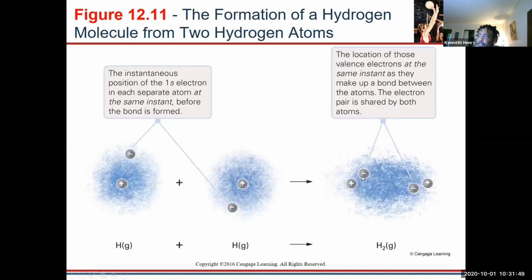When it comes together, there's this electron cloud, meaning the electrons are orbiting around both hydrogens. Now, if it's even sharing, they're orbiting evenly around both hydrogens. If it's uneven sharing, or polar, it's orbiting more around one than the other, spending more time around one than the other, okay?